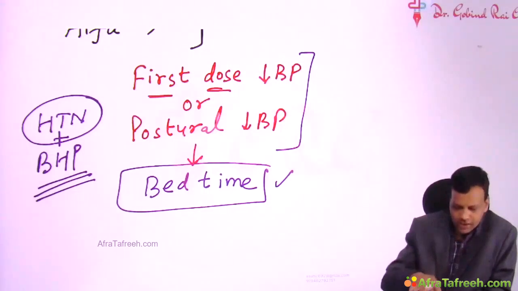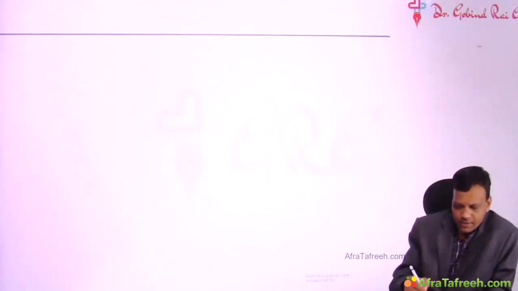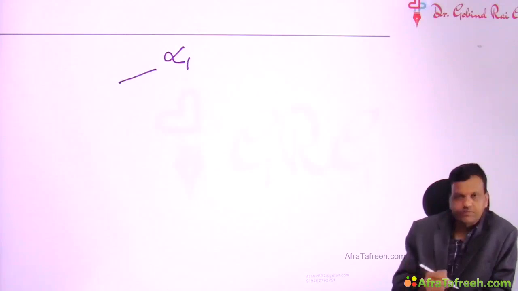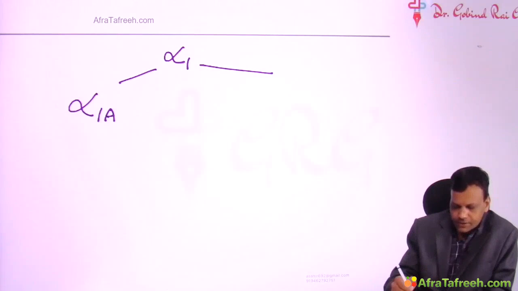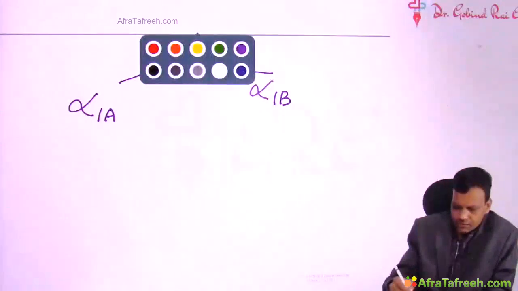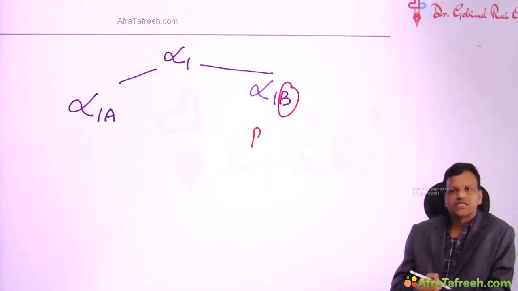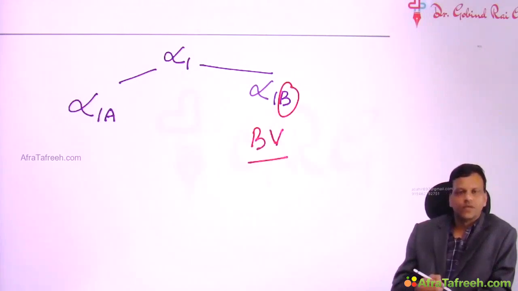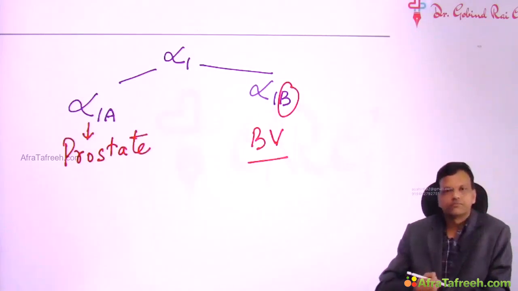So we did further research and found that alpha-1 receptors are also of two types, alpha-1A and alpha-1B. And you can easily remember B for blood vessels. So the alpha-1 subtype present on the blood vessels is alpha-1B, whereas the alpha-1 present on the prostatic urethra is alpha-1A.